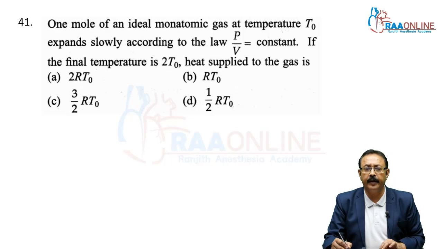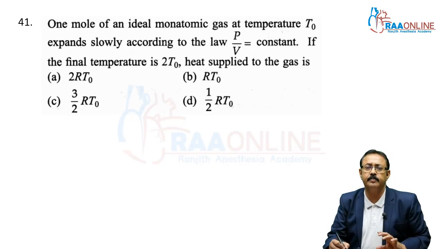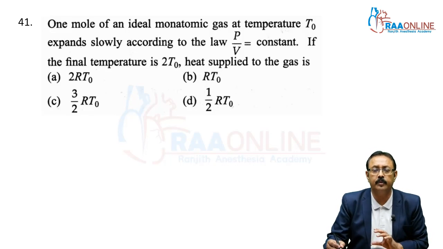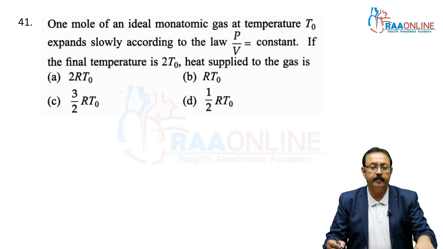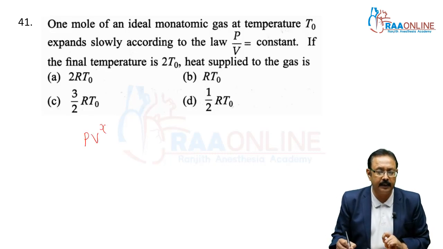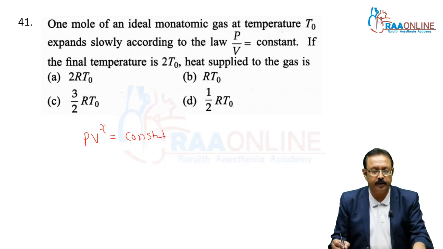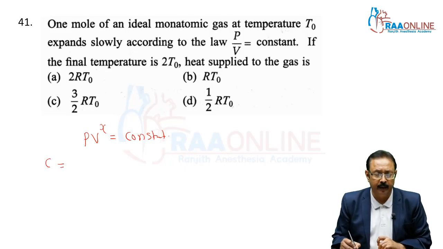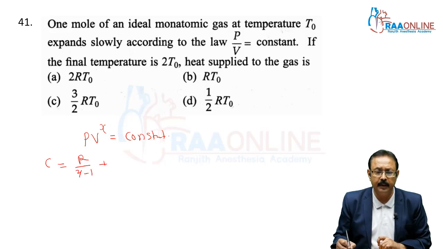Next, 1 mole of an ideal monoatomic gas at temperature T0 expands slowly according to the law P by V. Remember, the process for which PV raised to the power x is equal to constant, the molar specific heat capacity is given by R by gamma minus 1 plus R by 1 minus x.